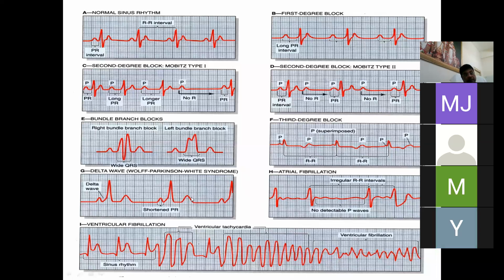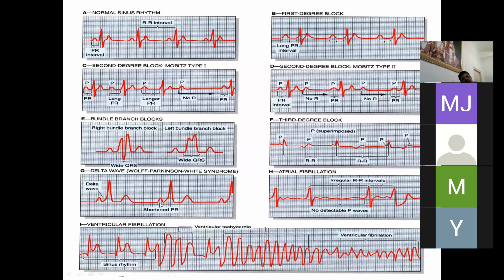So what happens is you have impulses going in both the normal pathway and the abnormal pathway, because of which you will get a typical abnormality in the ECG. You will get something called a delta wave. You can have slurring of the QRS complex, and one very important finding, you'll have a shortening of the PR interval.